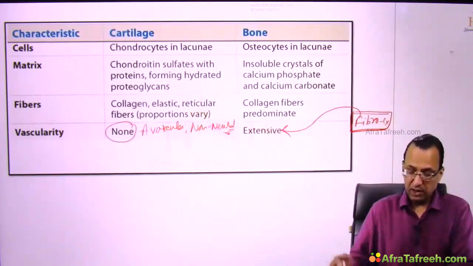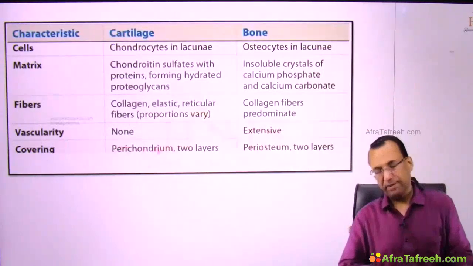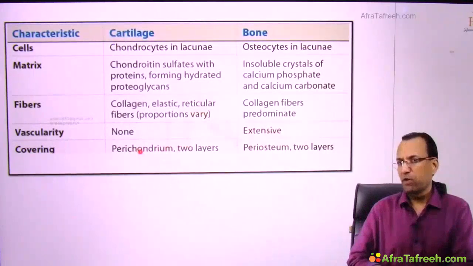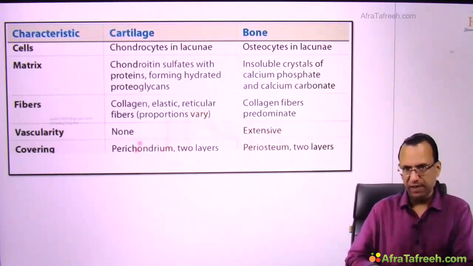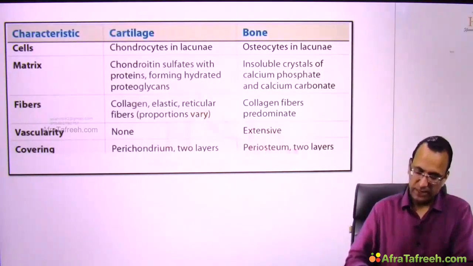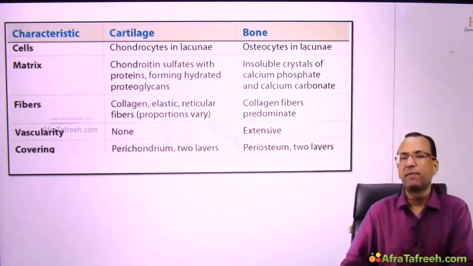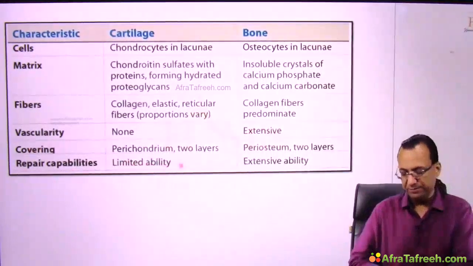And what about the covering? We know that there is a perichondrium, but there is no perichondrium on fibrocartilage. Fibrocartilage doesn't have perichondrium. And what is bone having? It is having periosteum. Bone has periosteum. What about the regeneration capability? See, cartilage regeneration is very limited.